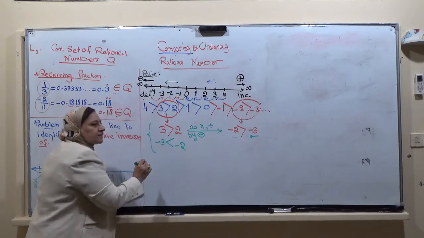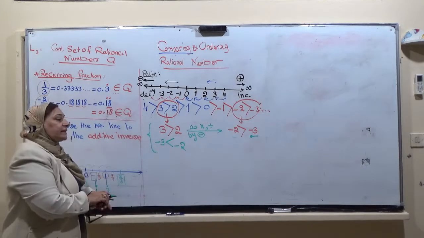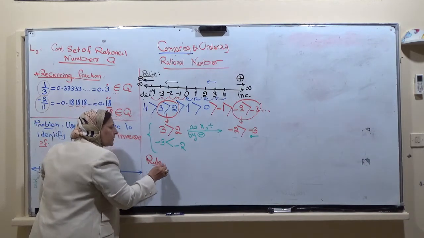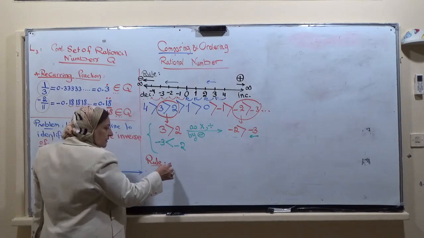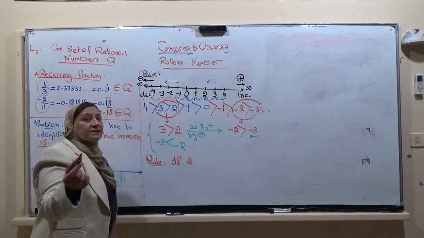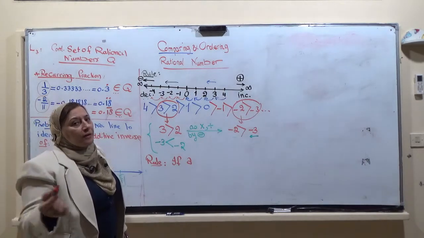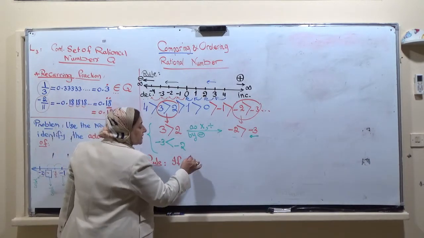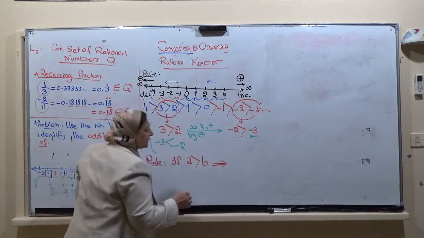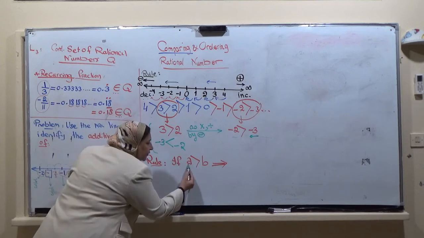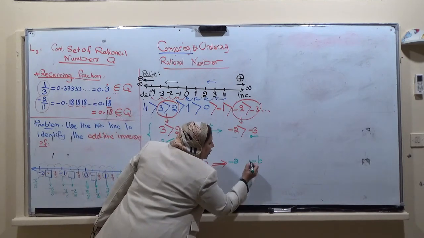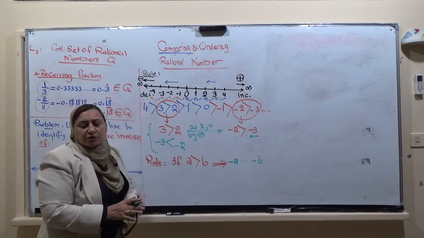What do you notice? An important rule. The rule is if A, whatever A is, any integer, any rational number, is greater than B, then if you multiply by negatives, it will be negative A and negative B. What will happen to the direction of the sign?